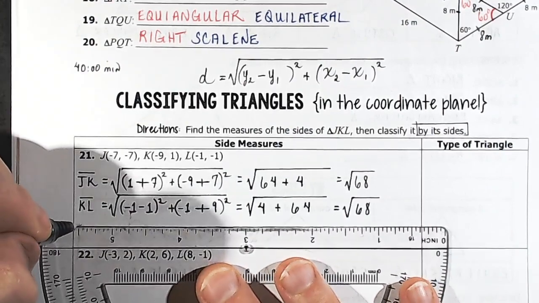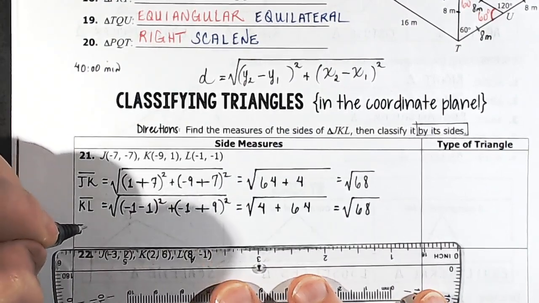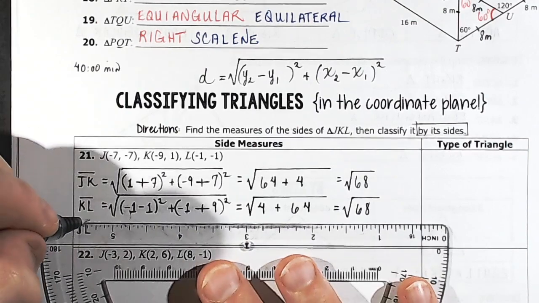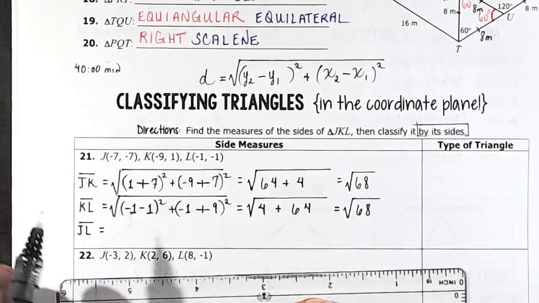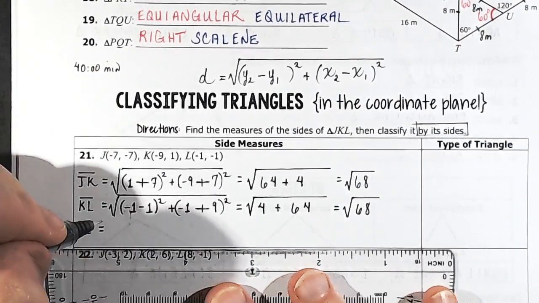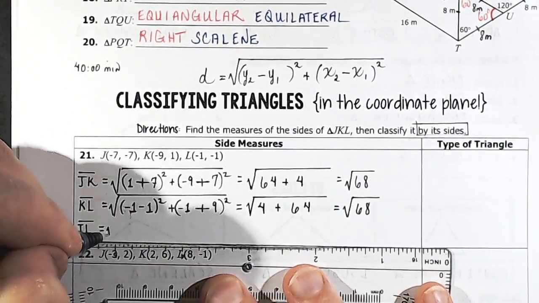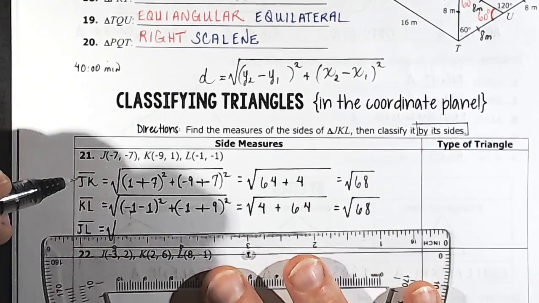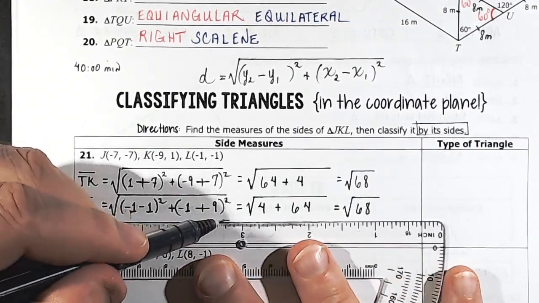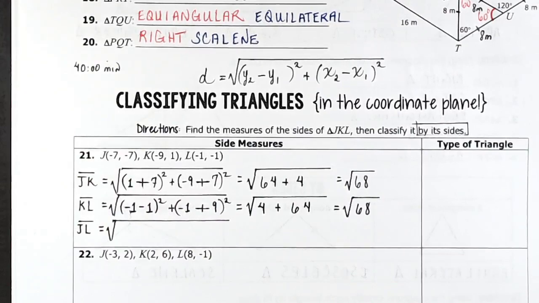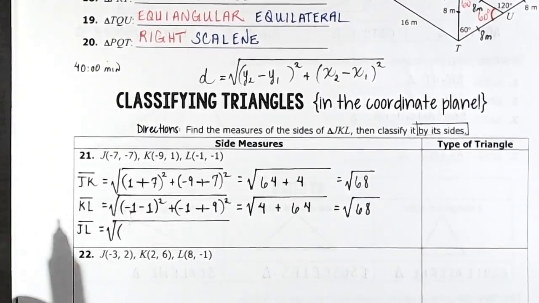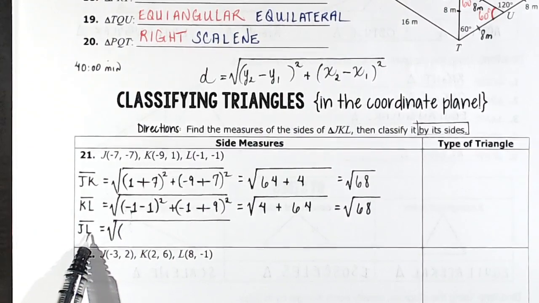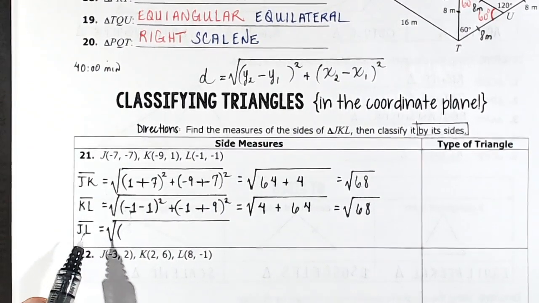Okay, so we'll write JL with a line over it. Segment JL equals the square root symbol, open parentheses, and now what I'm looking for is the y value of coordinate L, and that's negative 1.